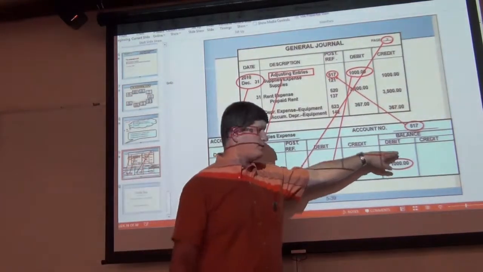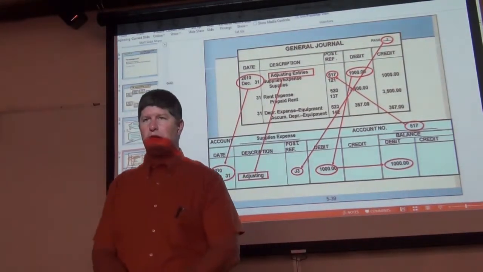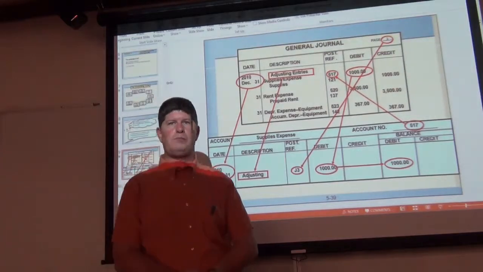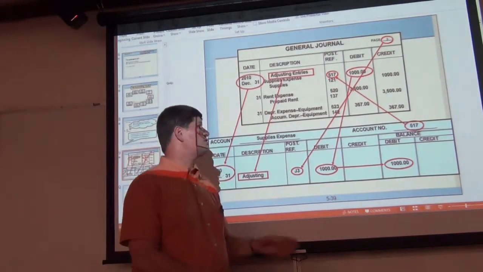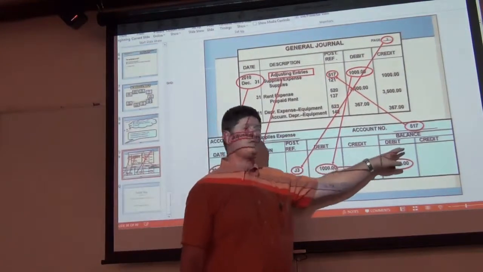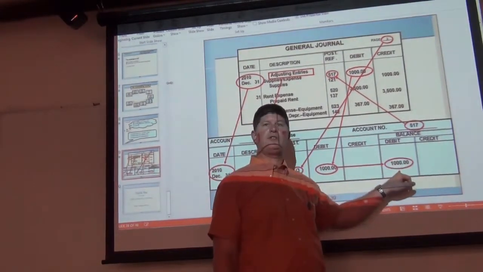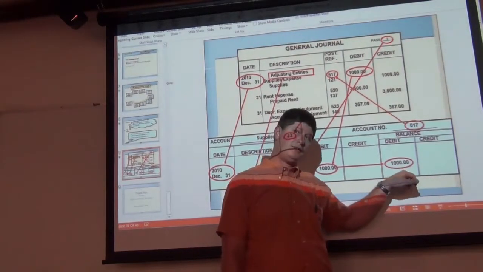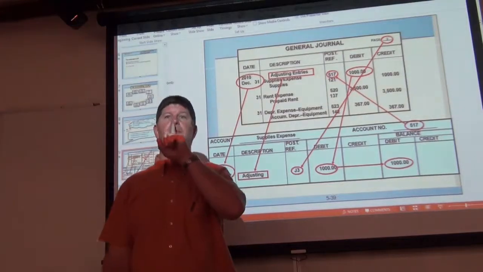So this is logical. Zero balance plus our adjustment gives you the ending balance. If this was supplies, it would have the beginning balance of 3,000, and our entry would be a credit, and we'd come up with a $2,000 debit ending balance.